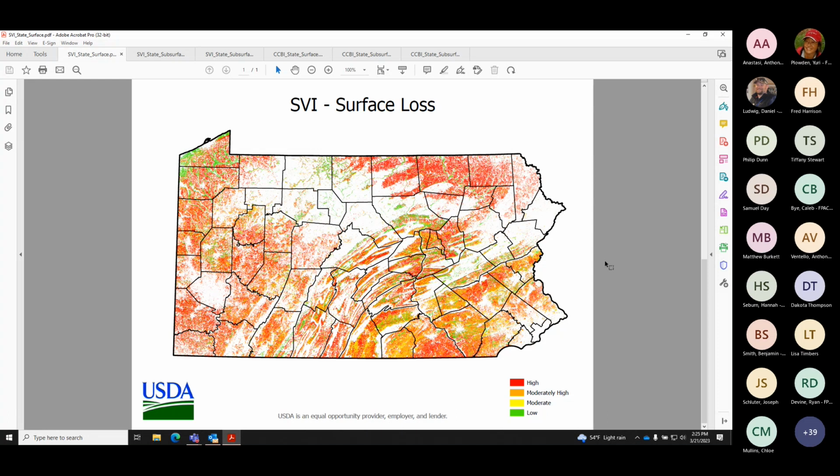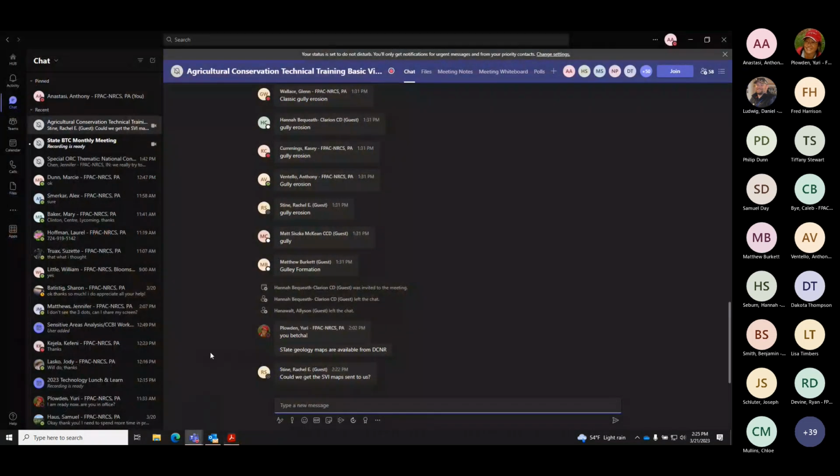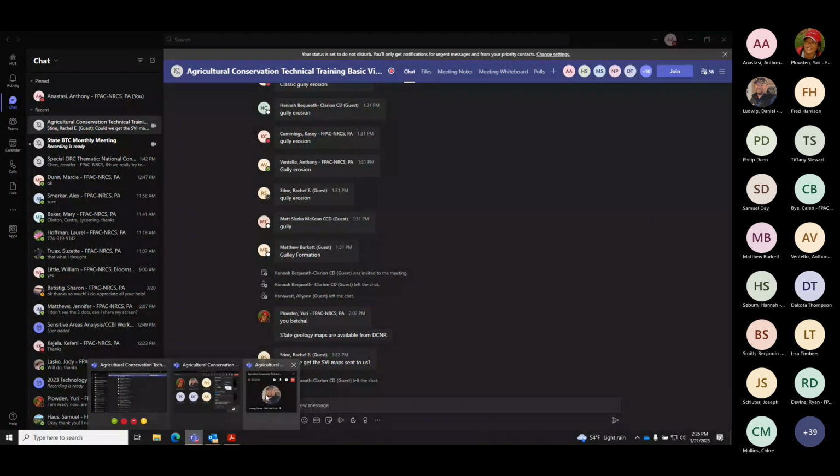But if you do not have access to Conservation Desktop, I can definitely work with you to get this data. Not seeing any other questions, so that's really all I got.